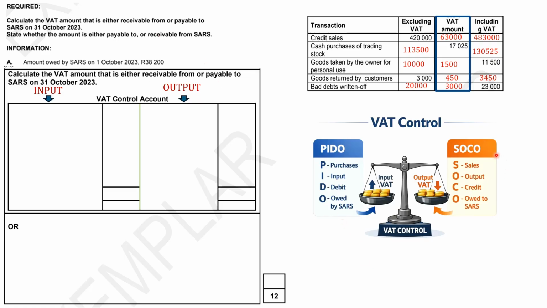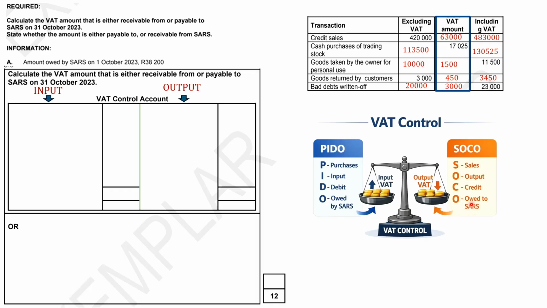Then SOCO, S is for sales. So anything we sell comes to our output account. Like I said, you follow the stock. When we sell, the stock goes out. When we buy, the stock goes in. That's why it's input and output. O, output, that's the title. C is on the credit side. And O, owed to SARS.